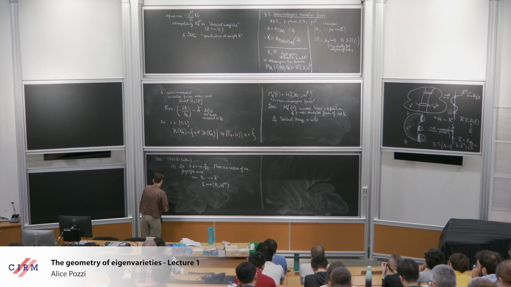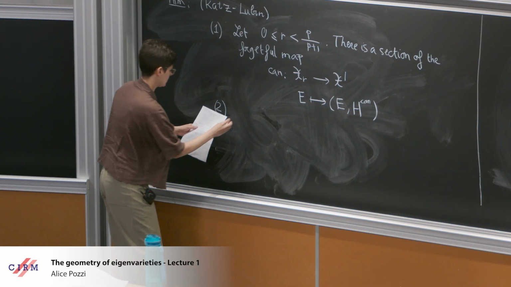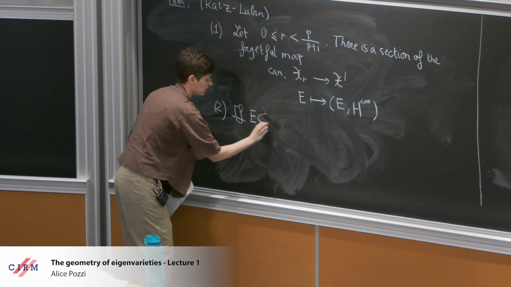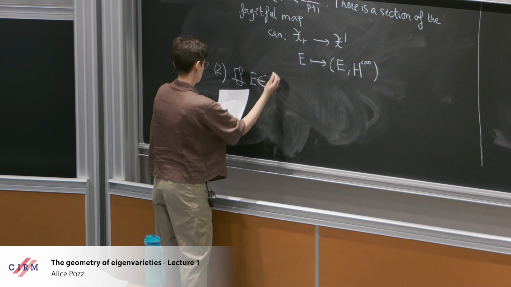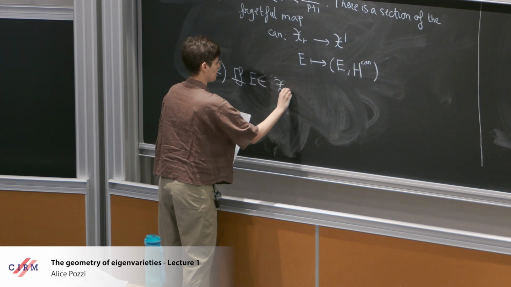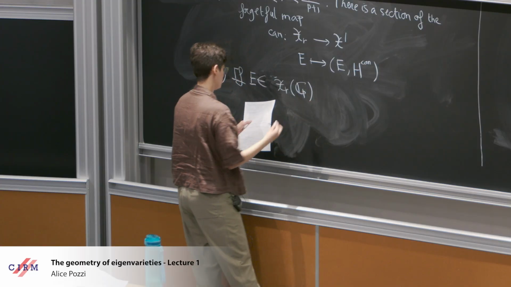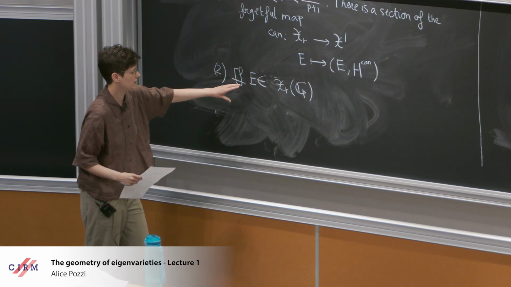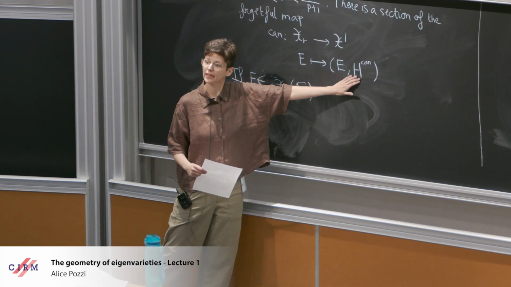What is really important for our construction is the following property of the map: if I take E, an elliptic curve that now lies in X_r over C_p, I can consider quotients of this elliptic curve modulo subgroups that are not the canonical subgroup.